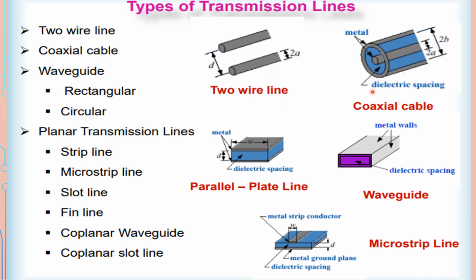And the next one is the cable. Coaxial cables have two conductors, one outer conductor and the other inner conductor. Why is it called a coaxial cable? These two conductors are connected in such a way that both are coaxial in nature, with the inner conductor coaxially placed within the outer conductor.